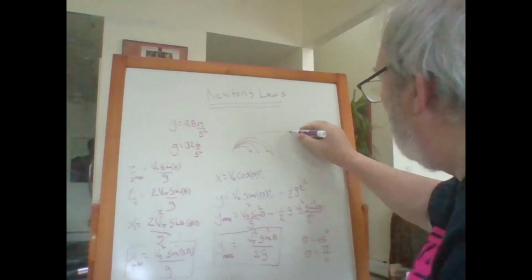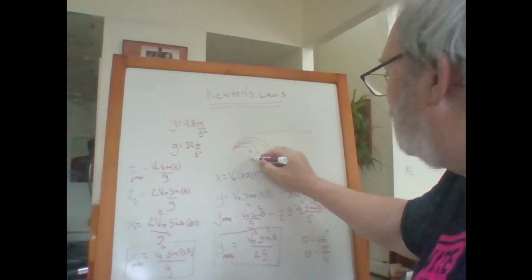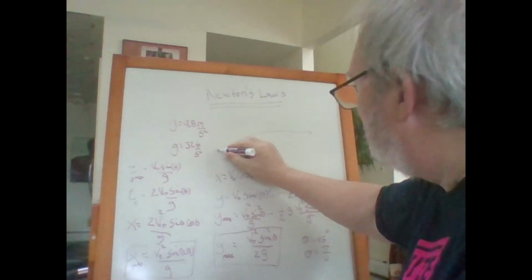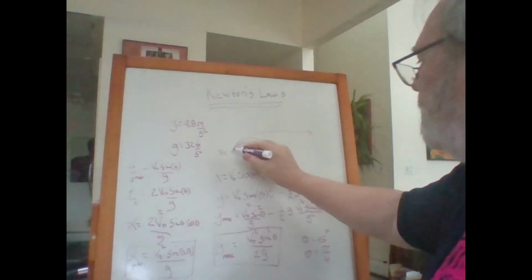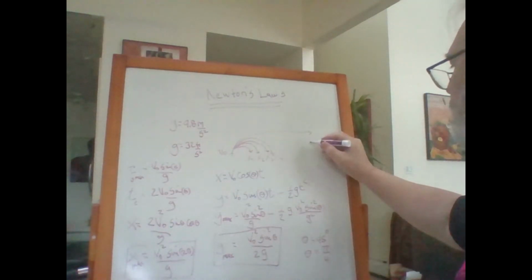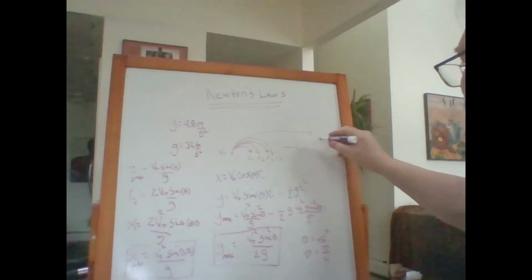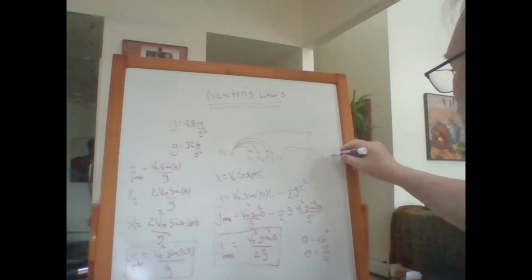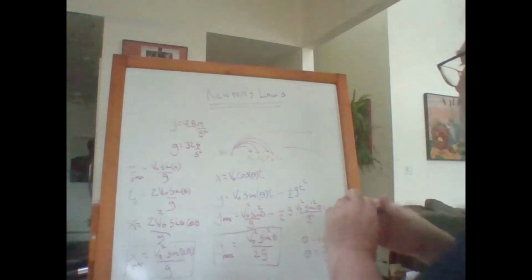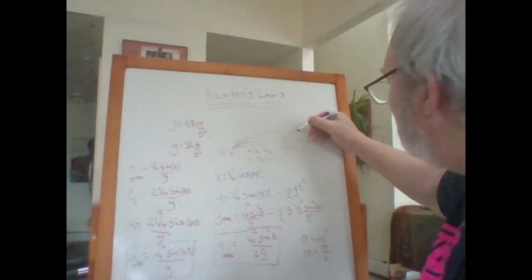And if you impart enough velocity, x1, x2, x3, x4, and v naught, and this is where we start. If we impart enough, because the Earth is curved, we end up falling over the curve of the Earth, and so as the trajectory goes, it never lands.